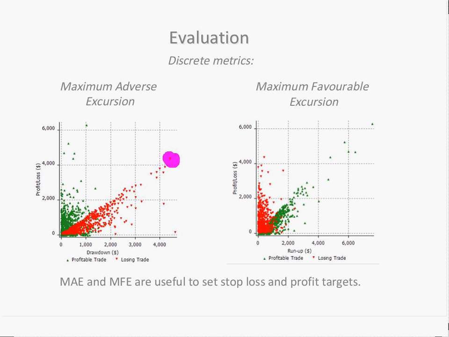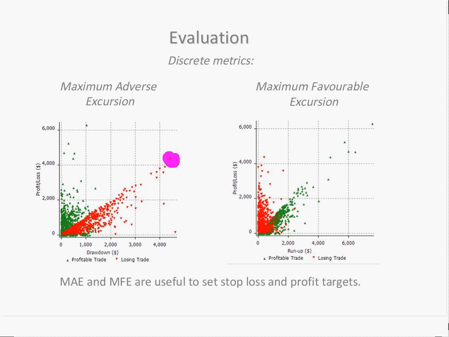What makes this reasonable is that you can see that the drawdowns for winning trades normally are much smaller than those for the losing trades. This is one of the easiest and at the same time efficient methods to apply hard stops.